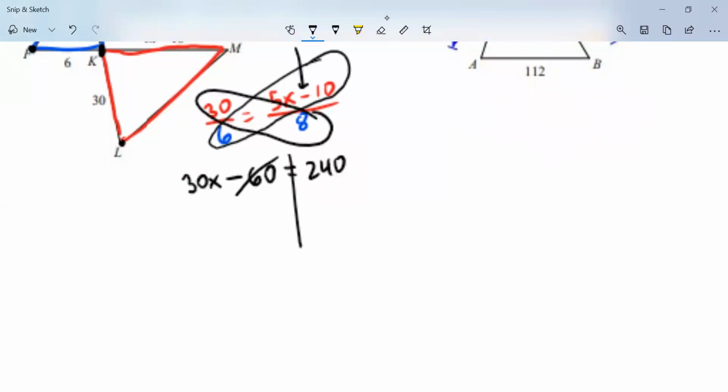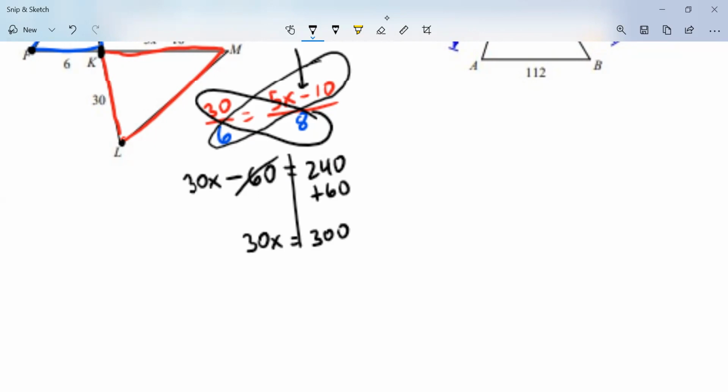The minus 60 on one side, I'm going to write it on the other side as a plus 60. Don't forget to switch the sign. We go opposite operation. Instead of a minus, I go plus. So I have that 30x is equal to 300. Right, 240 plus 60 is 300.